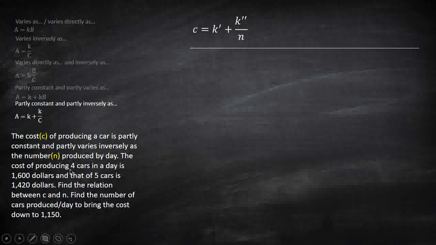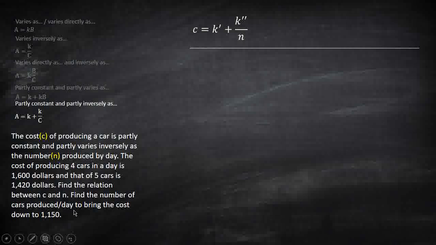The cost of producing 4 cars in a day is $1,600, and 5 cars is $1,420. Find the relation between C and n.